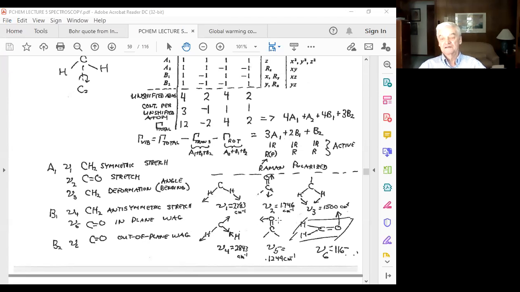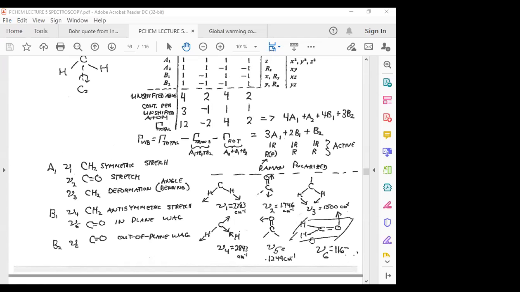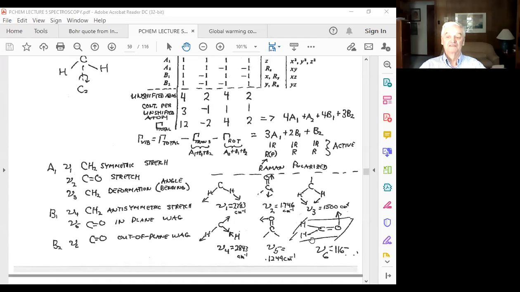So you'd call this the wagging motion for CO. And these motions typically get to be a lot lower in frequency than bond stretching. So this is at 1249. And then the last vibration for formaldehyde is this CO out of plane vibration. And you can see, if you can read it, I think this is 1167. This again drops in frequency.